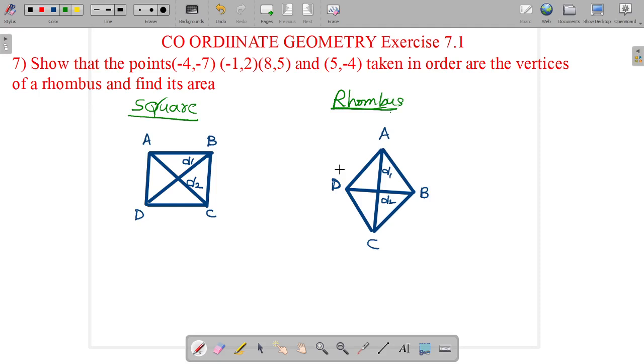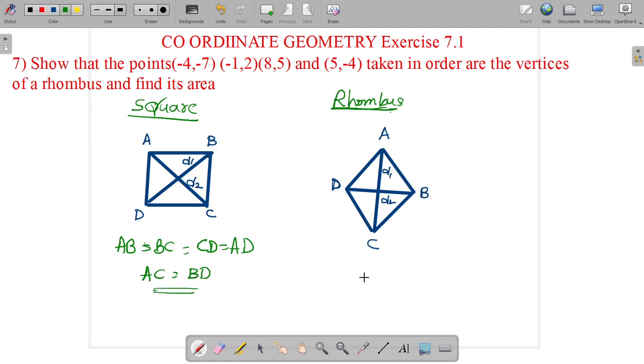Before going to the problem, let us know the difference between a square and a rhombus. In a square, AB is equal to BC is equal to CD is equal to AD, and also the diagonals AC is equal to BD.